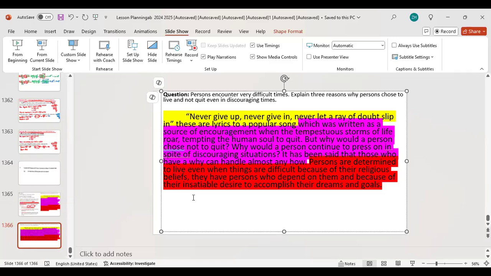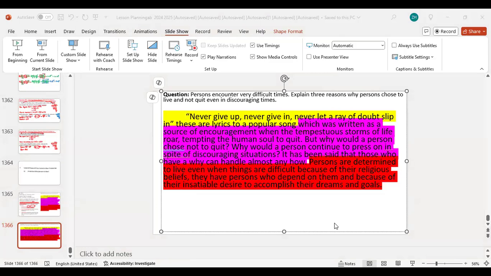In this case, because it's not a debate, you would start by explaining 3 reasons why a person chooses to live.